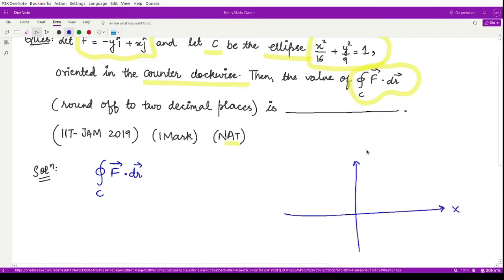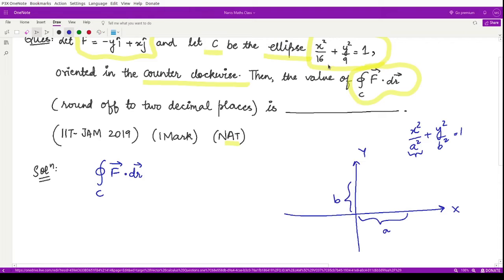This is the x-axis, this is the y-axis, and the equation for an ellipse is x square by a square plus y square by b square is equal to 1. This is the general equation, where a is the distance covered from the origin in the x direction, and similarly this distance is the b distance.